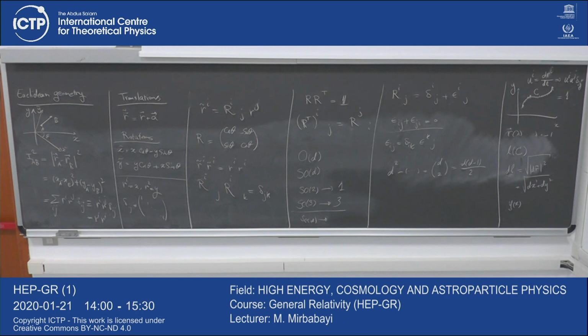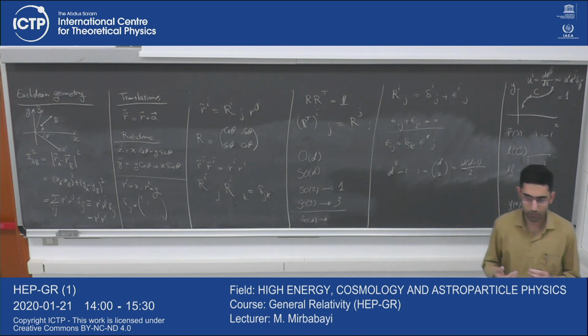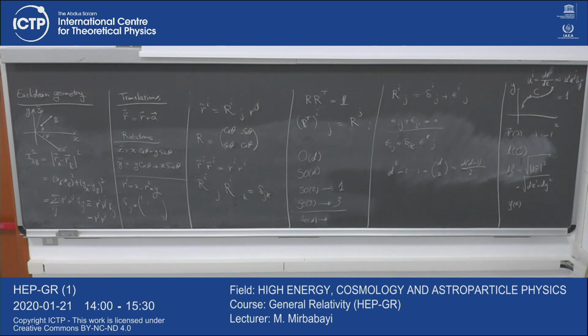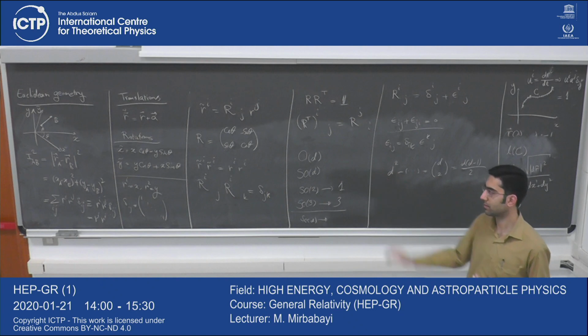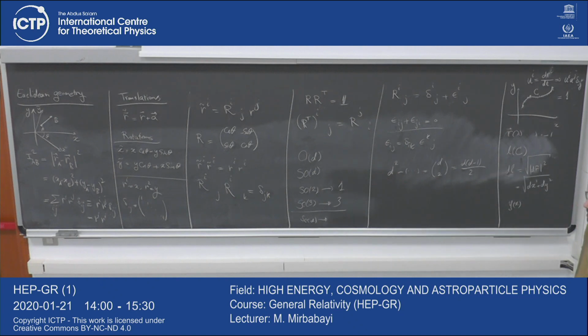Classical mechanics is based on Euclidean geometry for space, but it treats time differently compared to space. Time is absolute in classical mechanics, while space has this Euclidean geometry, so one can talk about these transformations.